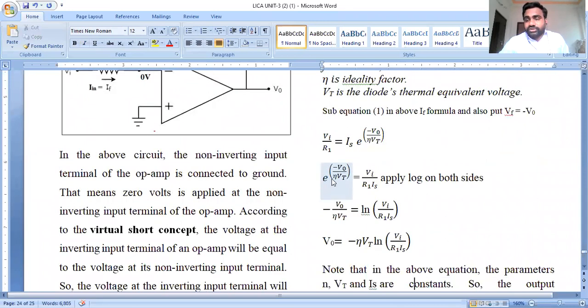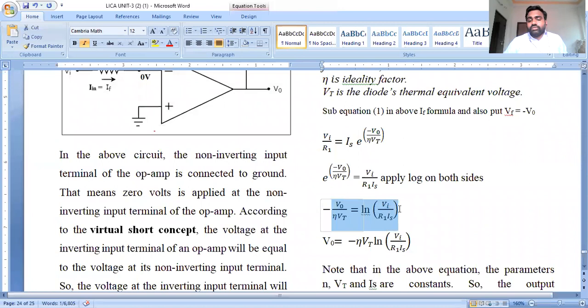Then the exponential will be eliminated and the expression will be minus V0 divided by ideality factor times thermal voltage, equal to the logarithm of Vi, the input voltage, divided by input resistance times saturation current Is. So from this expression, the output voltage V0 is equal to minus eta times Vt times ln of Vi divided by R1 times Is.